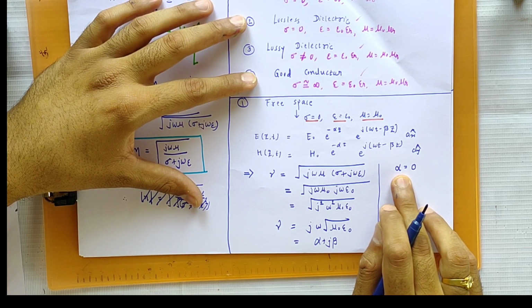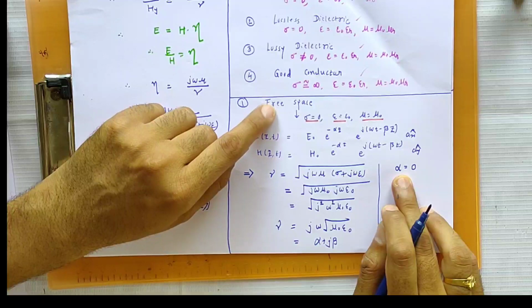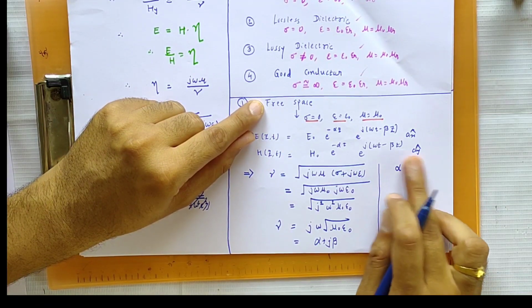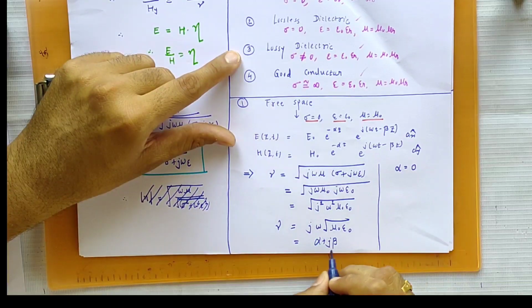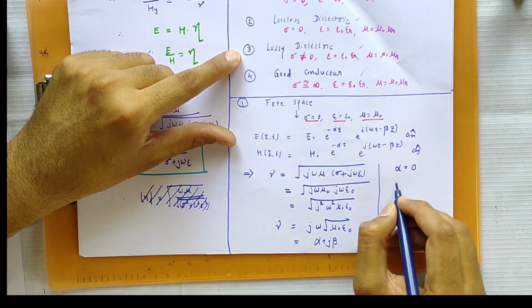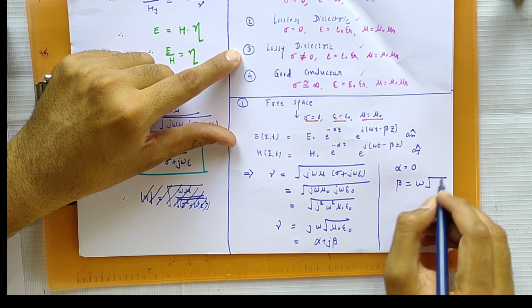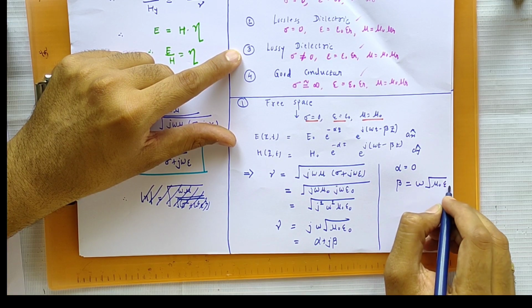That means the amplitude, or maximum value, of the electromagnetic wave remains constant throughout free space. And beta is equal to omega under root of mu 0 epsilon 0.